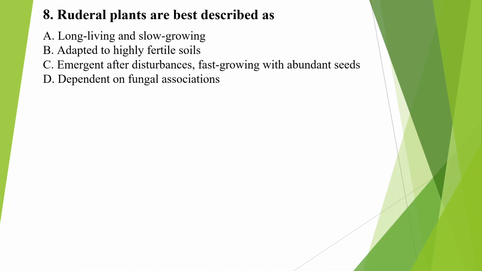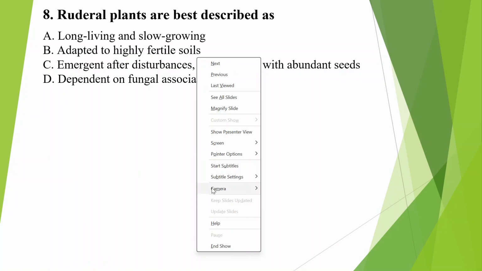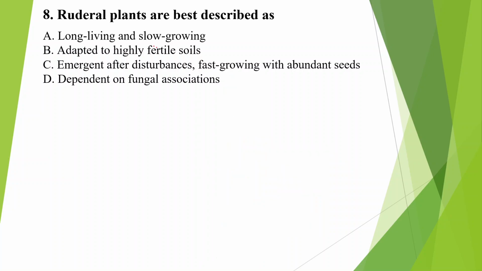Here is question number 8 for you all. These ruderal plants, they are best known for or best described as. Yeah, so all the other plant types whichever have been mentioned in the question, we have already discussed, like slow growing or high fertility competitor plants.